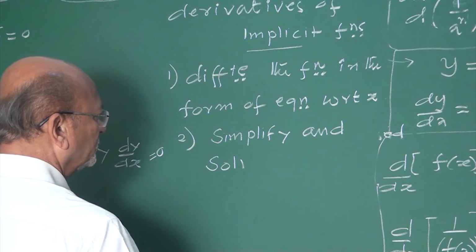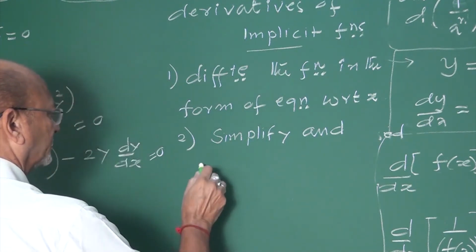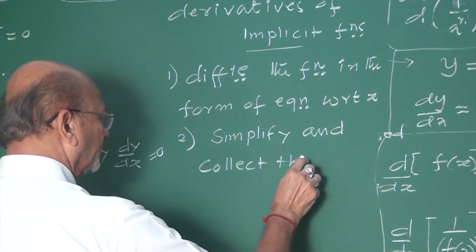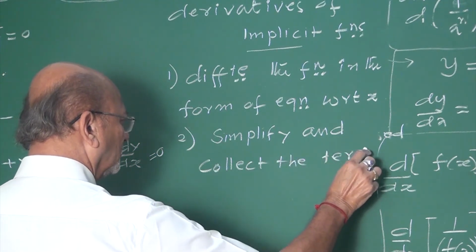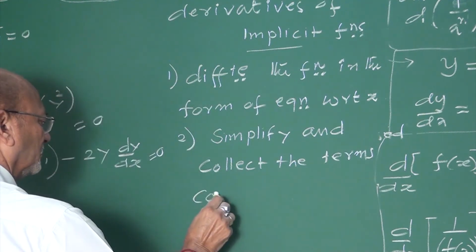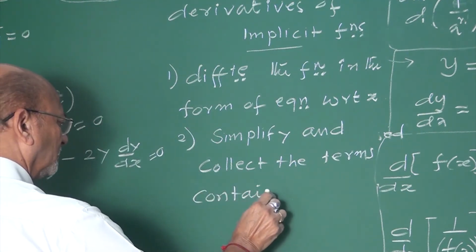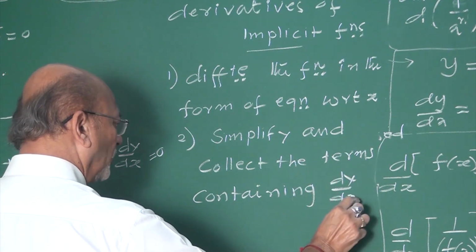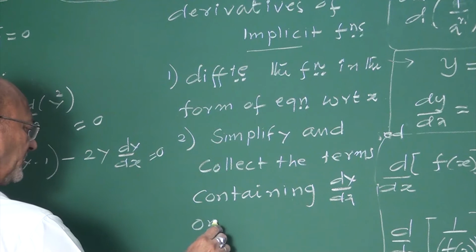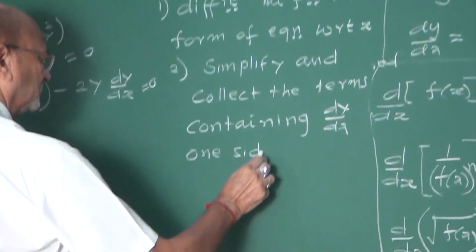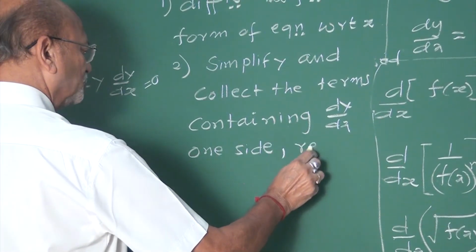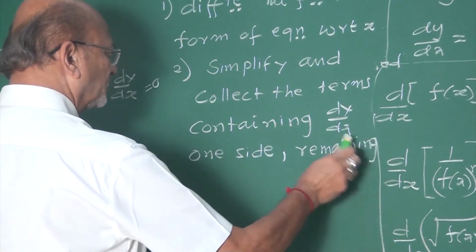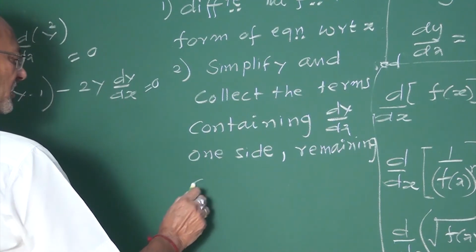Otherwise, you simplify and collect the terms containing dy by dx on one side, and the remaining terms, those free from dy by dx, on the other side.